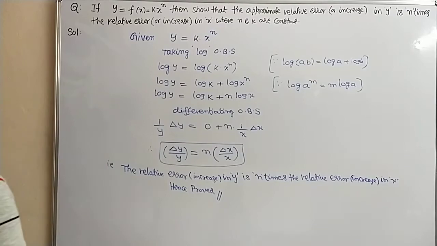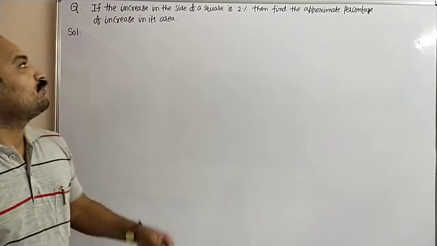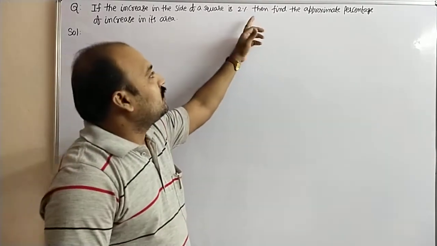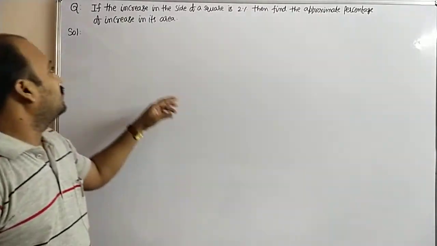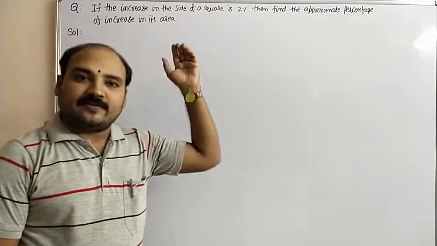We'll take the next question. If the increase in the side of the square is 2%, then find the approximate percent of increase in its area. Delta x value is given.